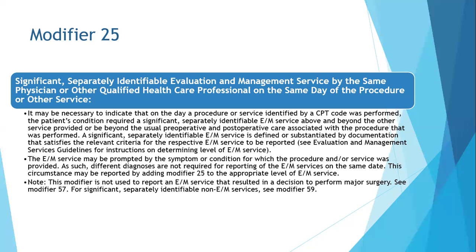Now, the caveat is that you can't use modifier 57 if the decision for surgery was made 2 weeks ago, a few days ago, 3 months ago, whatever the case may be. Modifier 57 is only for the day prior to surgery or the day of the surgery that the decision was actually made. A lot of times you see in the hospital where a provider makes the decision for surgery 2 or 3 days before, and then they continue to see the patient for subsequent level visits in the hospital setting until the surgery.